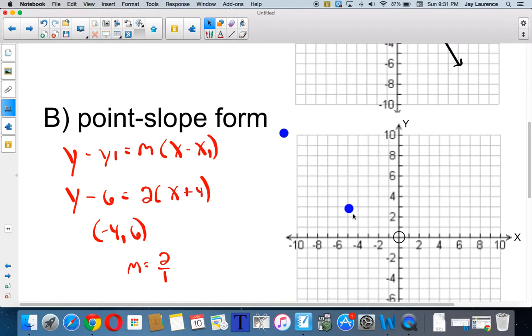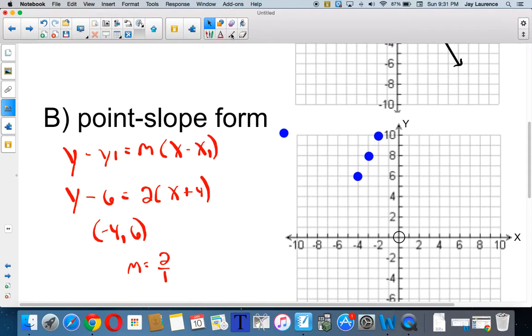Where'd you go? Negative 4, 6 is right there. And then the slope tells me to rise 2 and run 1, like that. And so I'm going to rise 2 and run 1 again.